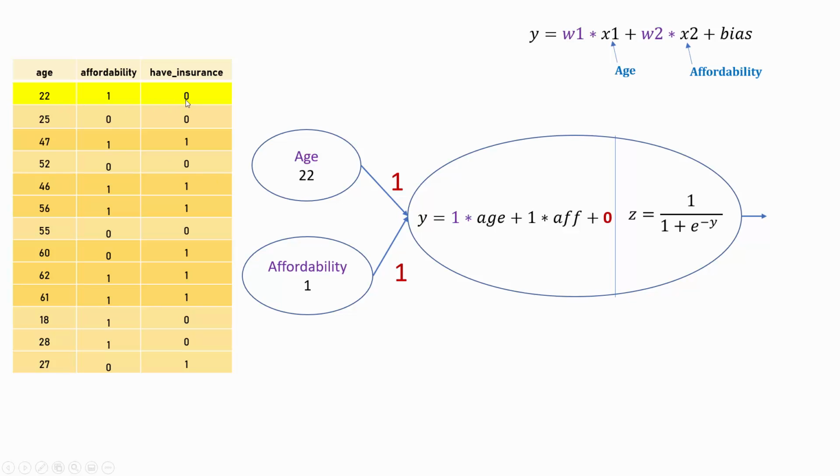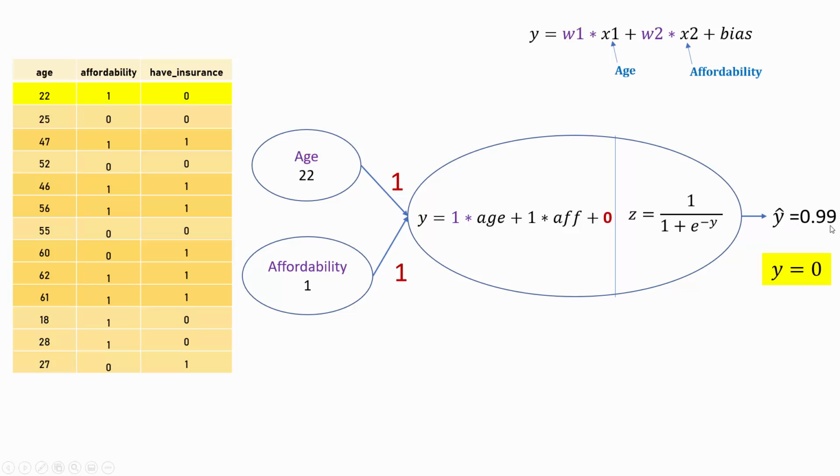And then we feed the first sample into our neural network. We are now talking about training. And then we find the outcome. y hat is used for predicted output and y is used for the actual output. Your actual value is 0 here, see, having insurance is 0.